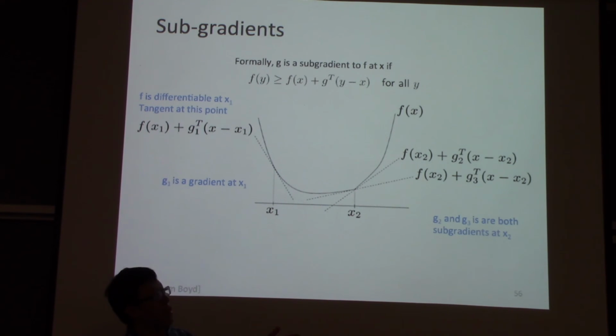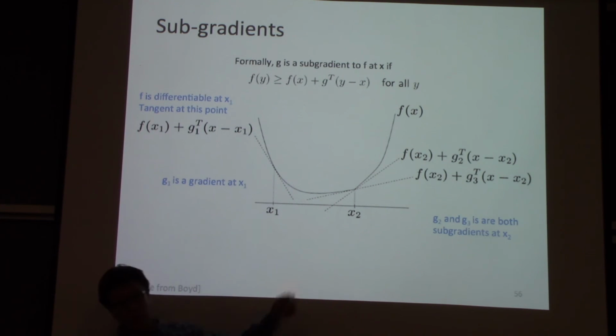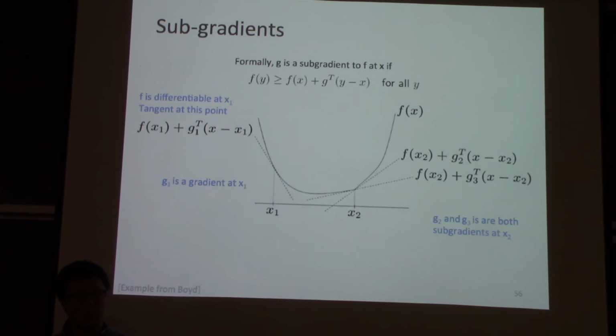It defines the region where you can find the subgradient. The function here is the max between the two. That's why this works, because the max of two convex functions is convex.